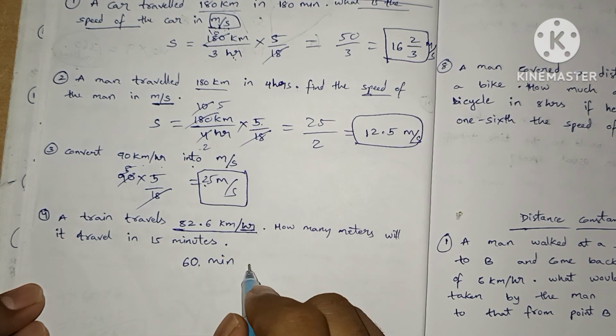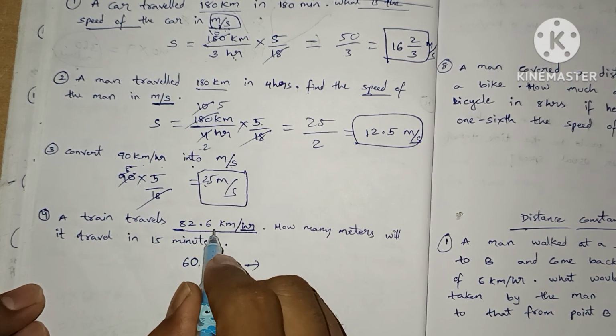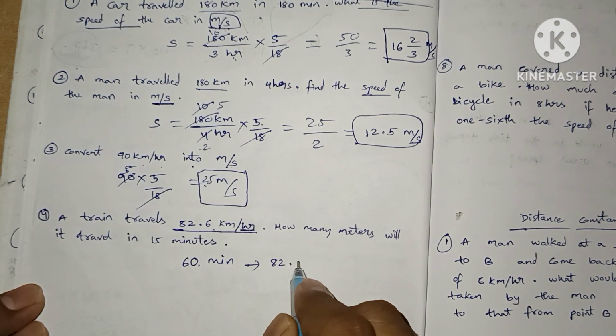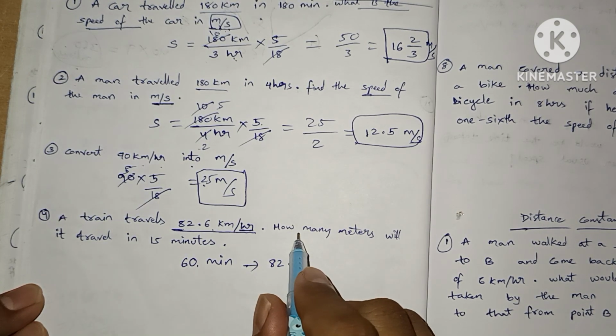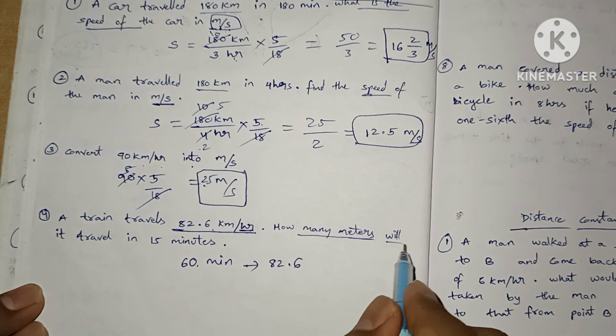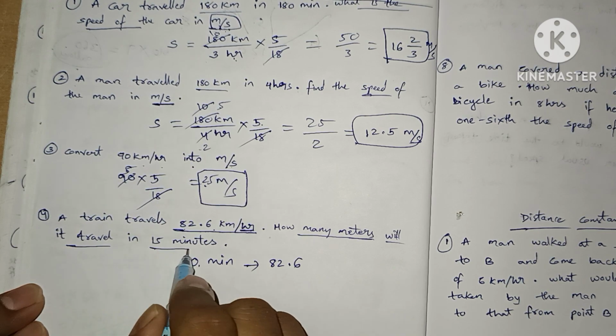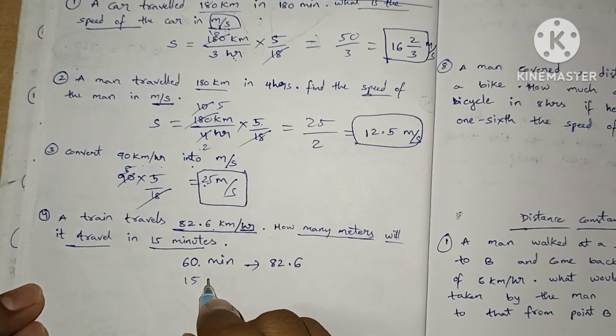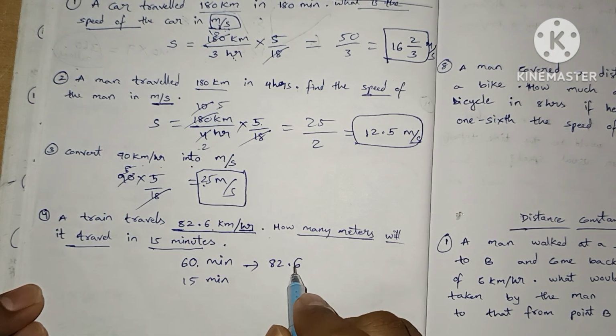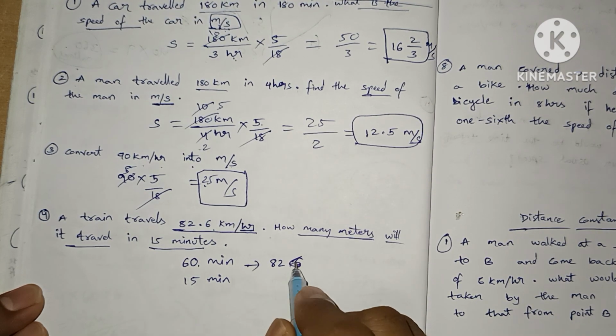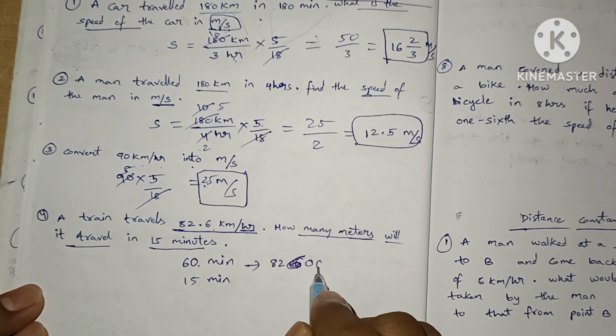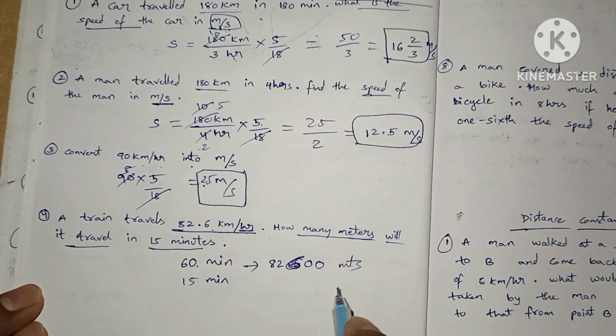For 60 minutes the train travels 82.6 kilometers. Then the question asked is how many meters will it travel in 15 minutes? It is in kilometers, so let's convert this into meters.